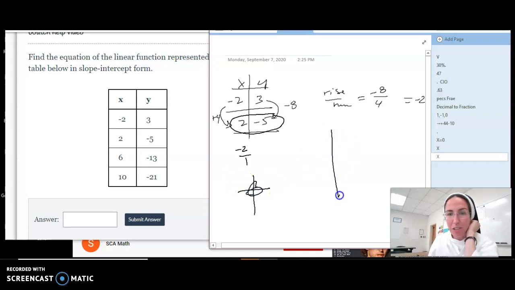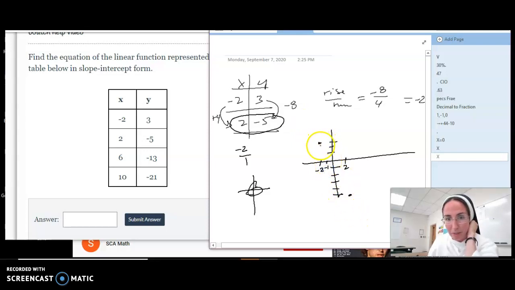It makes more sense if we just graphed it. When x is -2, y is 3. When x is +2, y is -5. My slope is -2, and it's going to be falling downwards.